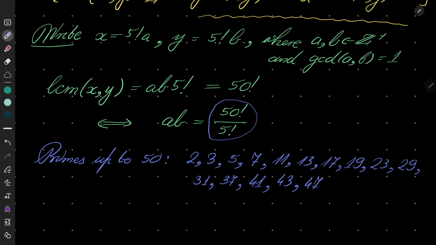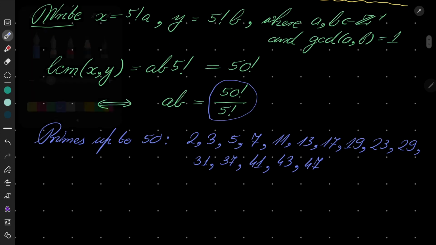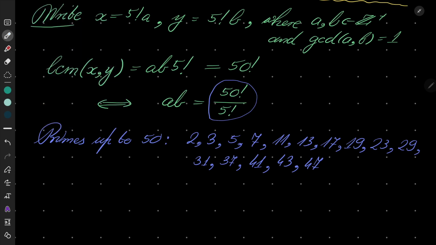How many in total? 3, 6, 9, 10, 12, 13, 14, 15. 15 primes.